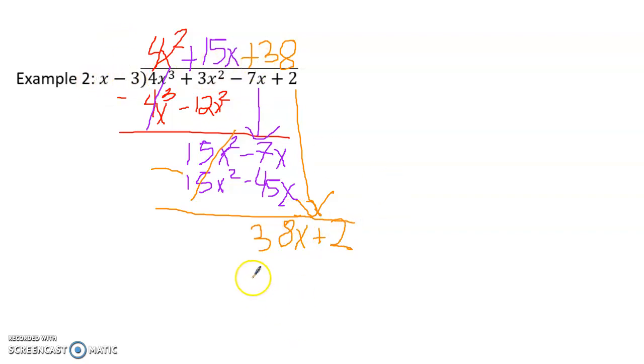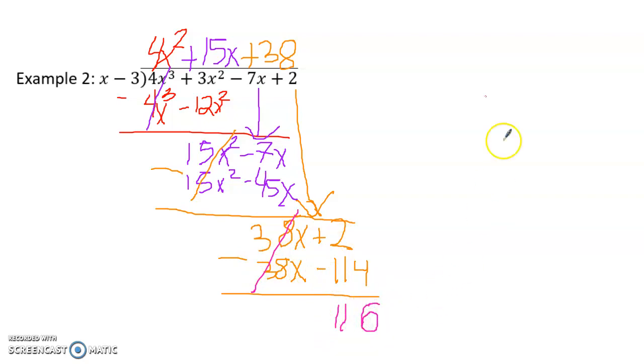X times 38 is 38x, and negative 3 times 38 is negative 114. We subtract. The 38x's cancel, and we have 2 minus negative 114, which is positive 116.